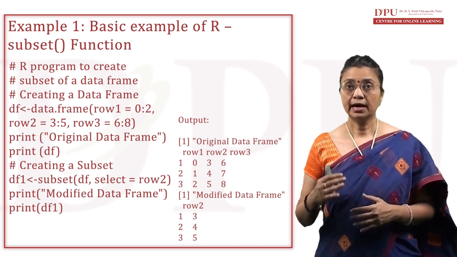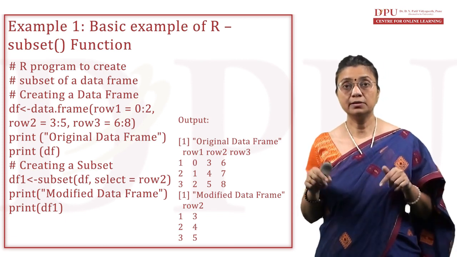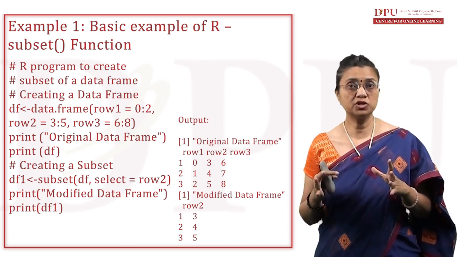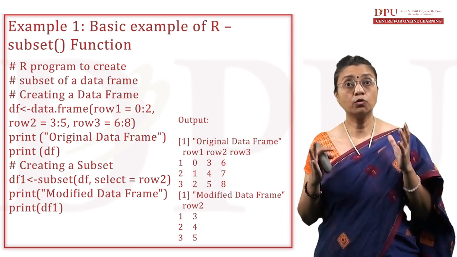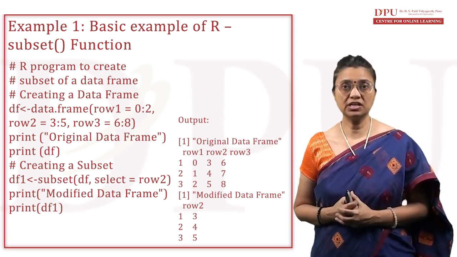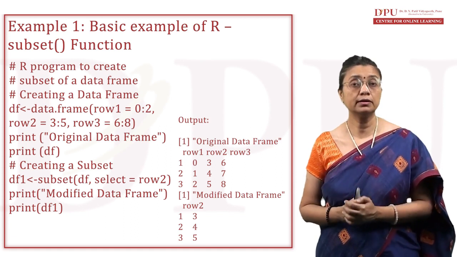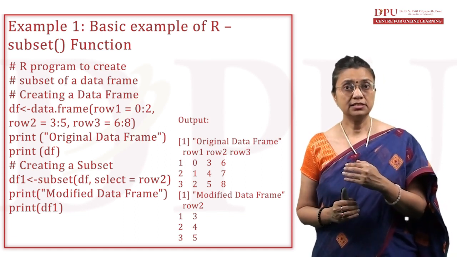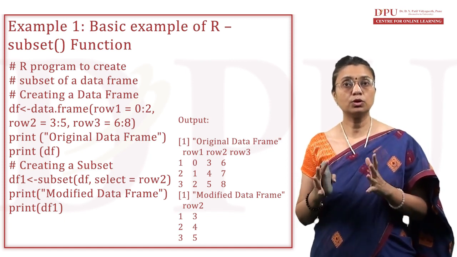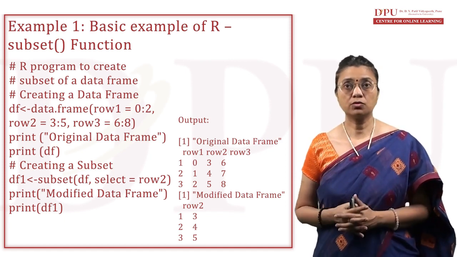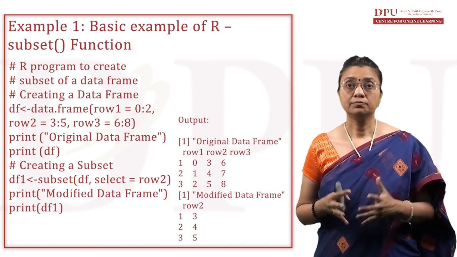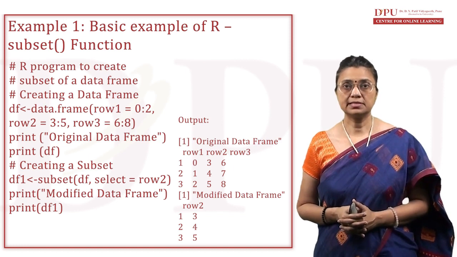After that, I use the print command, and within brackets I pass the variable df1, where I have captured row 2 from the original data frame, which is df. So you can see df was my original data frame, in blue color, and my second data frame, df1, is in red color. Here only row 2 is selected. Rest all rows are suppressed. So how nicely I can find a subset from a data set.